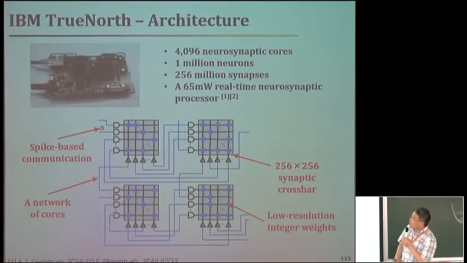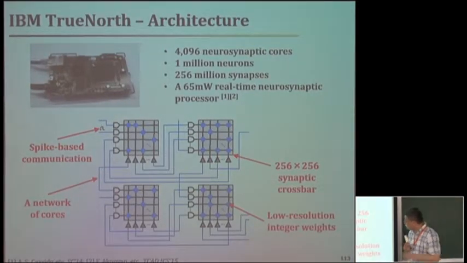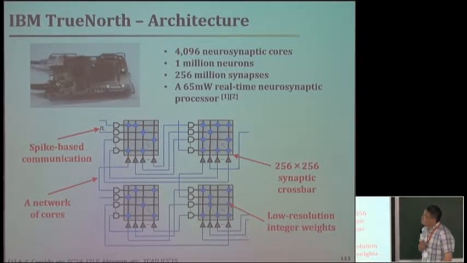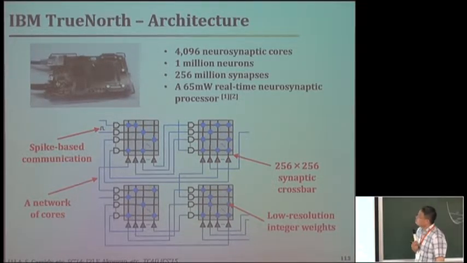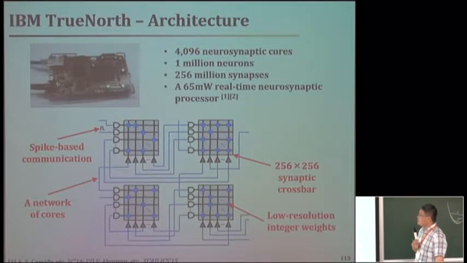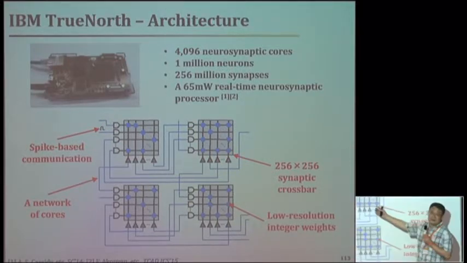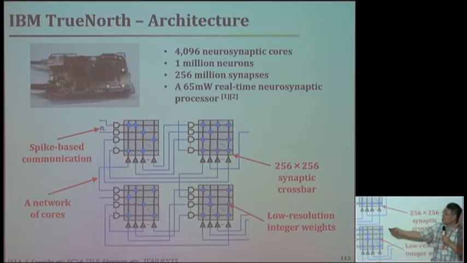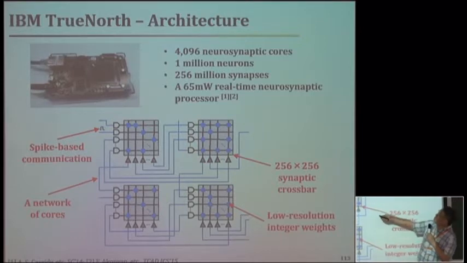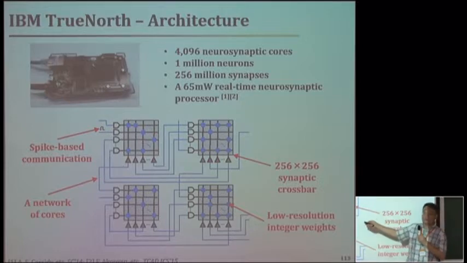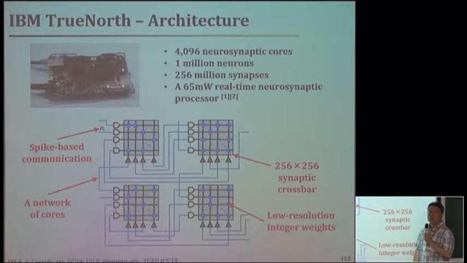Okay, so what is the IBM TrueNorth chip? It is nothing else but a highly distributed neural network, just like this. They call them neurosynaptic cores.